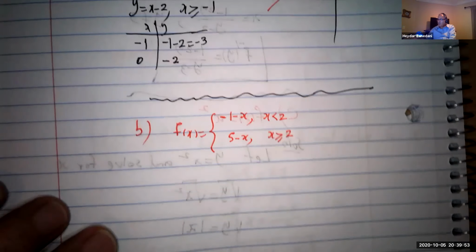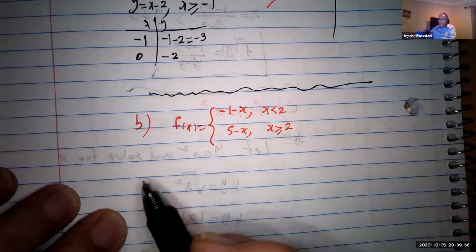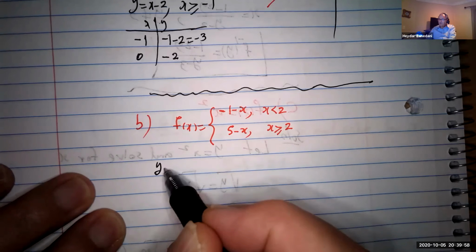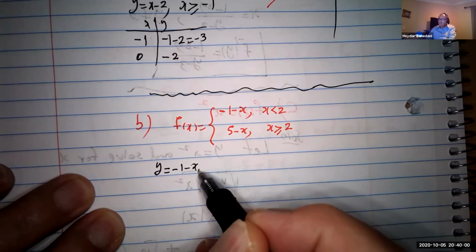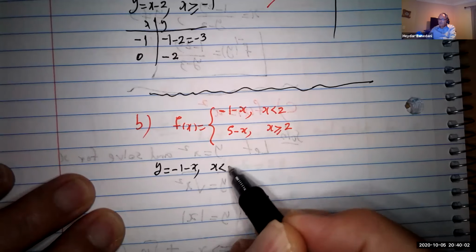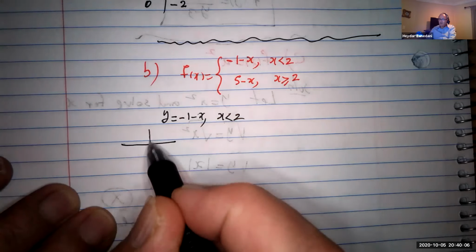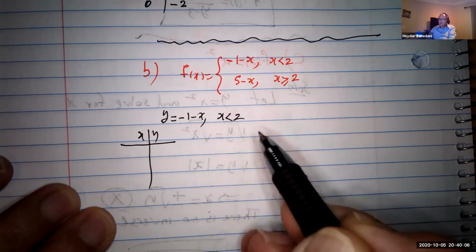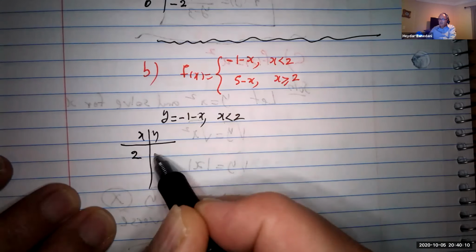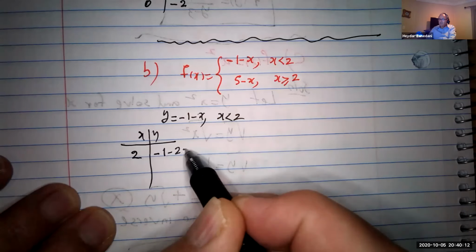So we graph the first part, y equals negative 1 minus x, with the partition of x less than 2. Again, to make sure we are not going to go over, we establish the 2 again. You substitute: negative 1 minus 2 would be negative 3.